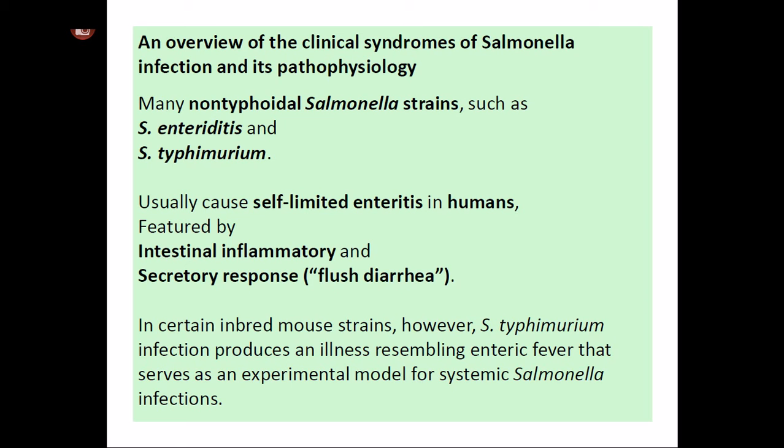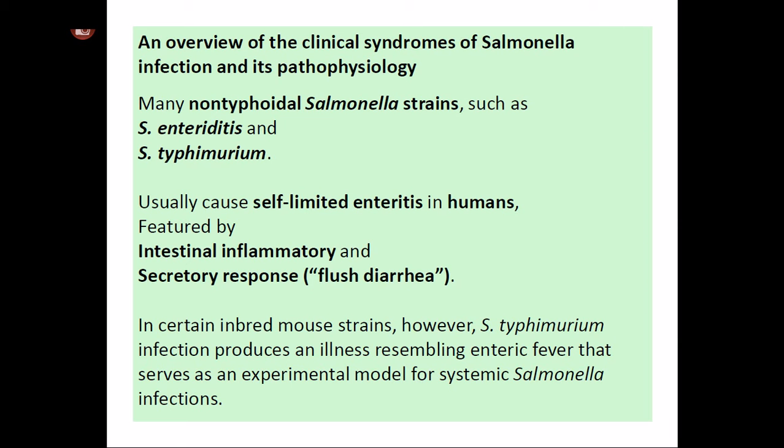Salmonella typhi and Salmonella paratyphi usually cause typhoid or enteric fever, but Salmonella typhimurium and Salmonella enteritidis cause gastroenteritis. Usually it is a self-limited enteritis in humans, with an intestinal inflammatory response as well as a secretory response, also called flush diarrhea.